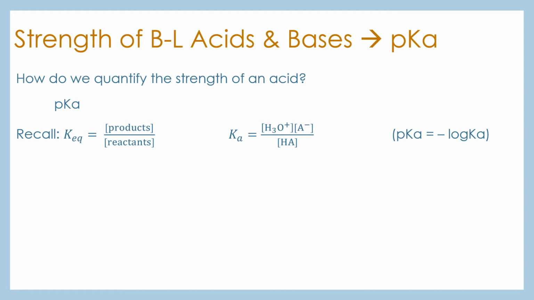Now, the greater the Ka, the greater the concentrations of hydronium and the conjugate base. So that means that the acid dissociated more if those concentrations are higher. So the greater the Ka, the stronger the acid. But then pKa is the negative log of the Ka.